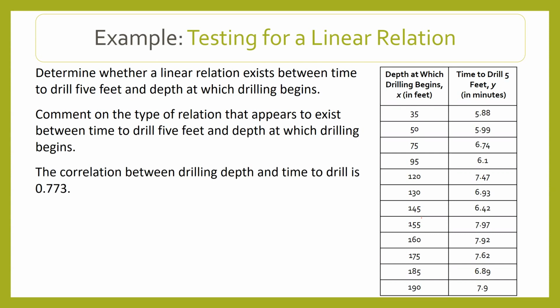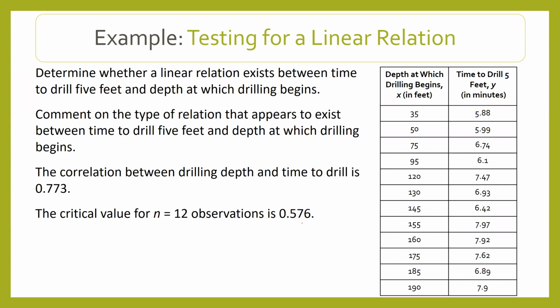So let's look at this. Okay, the correlation between drilling depth and time to drill is 0.773. That's what we got before. The critical value, which I just showed you in the previous slide, is 0.576.